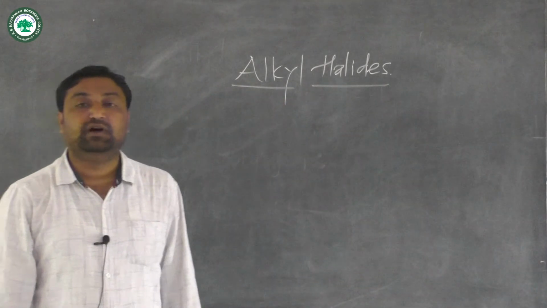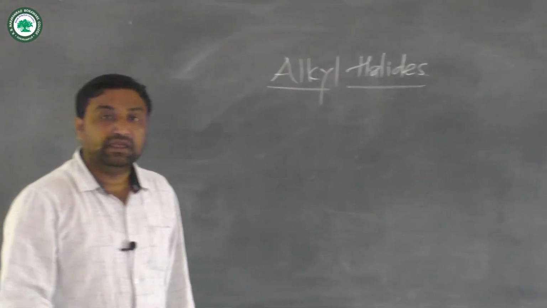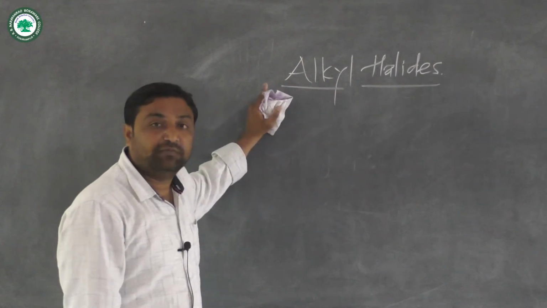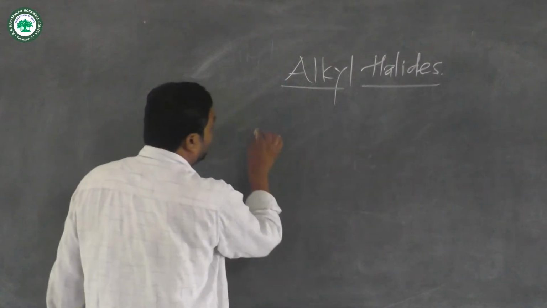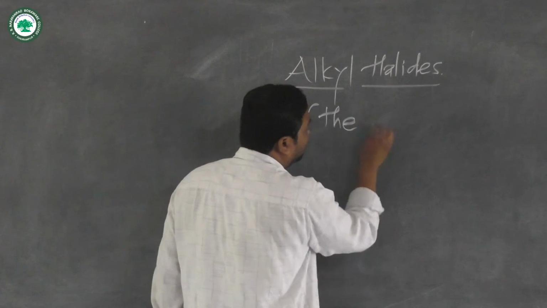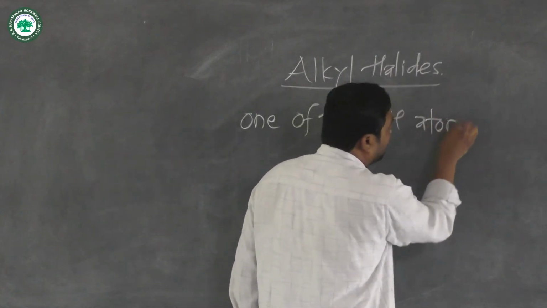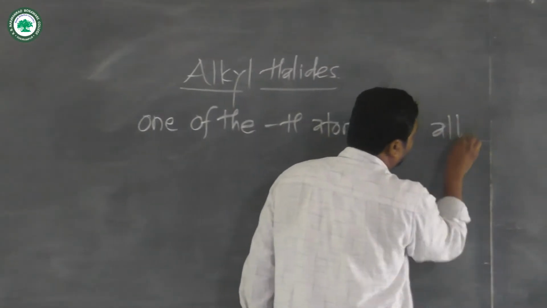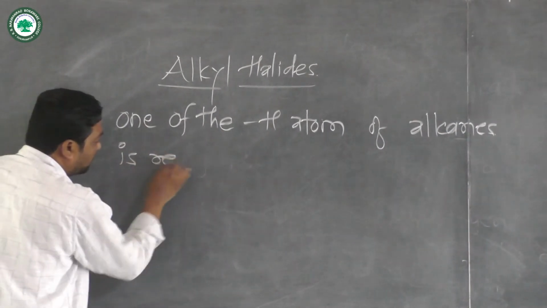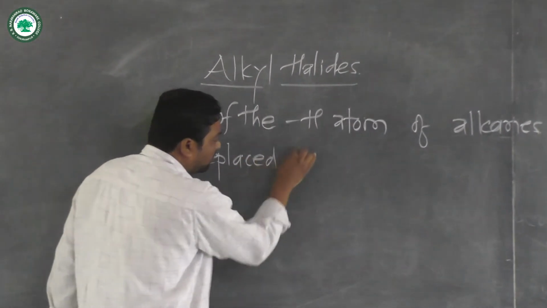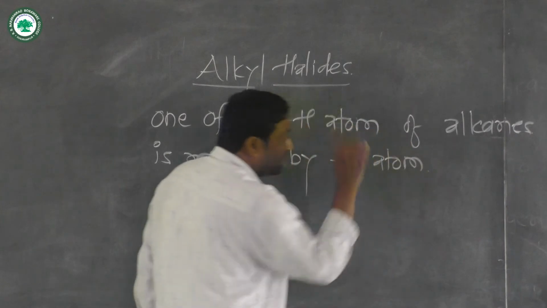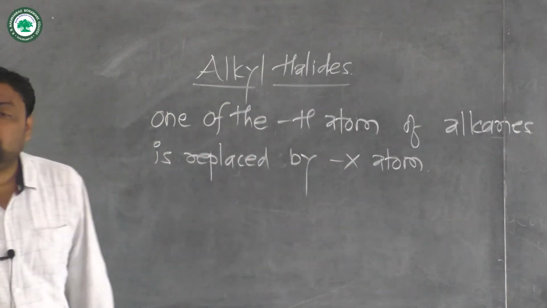Alkyl halides are nothing but the monohalogen derivatives of alkane in which one of the hydrogen atoms of the alkane is replaced by one halogen atom. Now the general reaction is shown as follows.